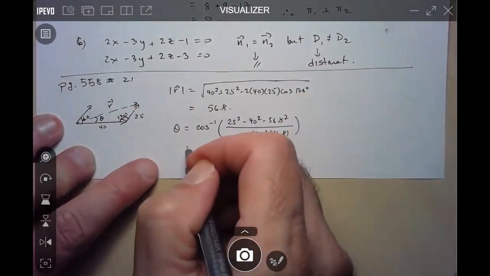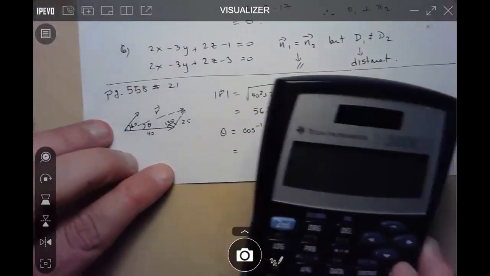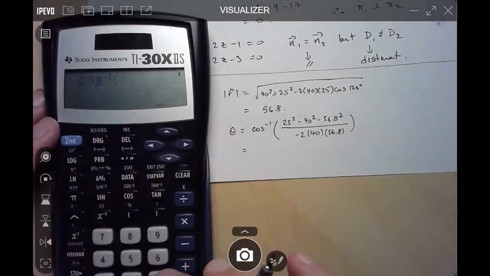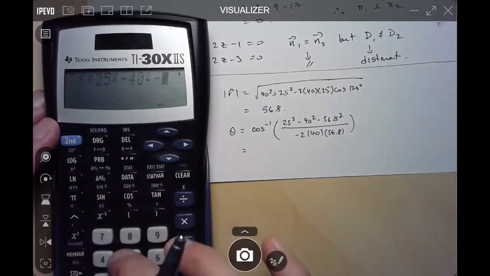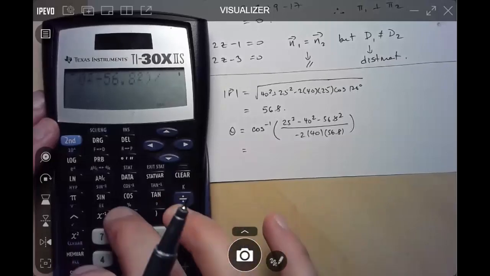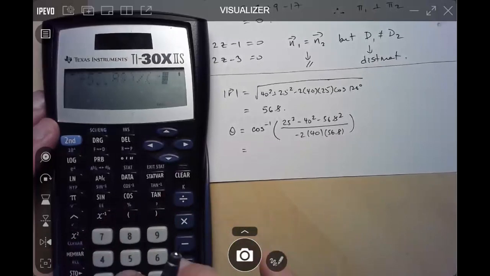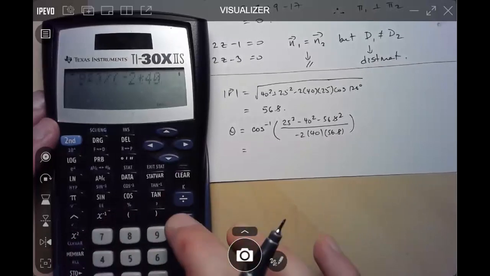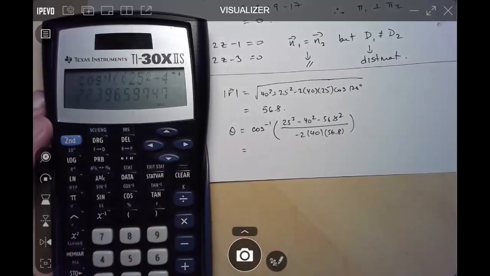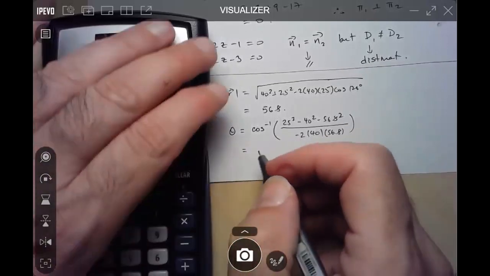Okay, so let's get that angle there. Cos inverse of (25 squared minus 40 squared minus 56.8 squared) divided by (-2 times 40 times 56.8). Okay, so it looks like I got 22.4.